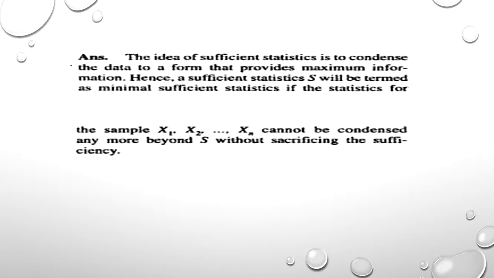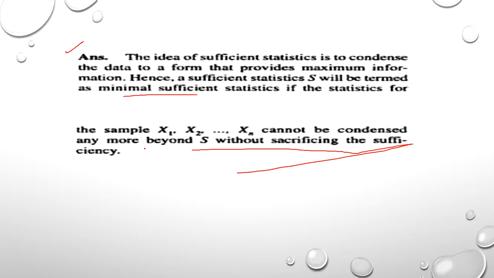Yes, by using the sufficiency condition we get maximum information. Hence the sufficient statistic S will be termed a minimal sufficient statistic if the statistic for the sample x1, x2 and so on xn cannot be condensed more beyond S without sacrificing sufficiency. When you see examples of minimal sufficient statistics, then you can understand.